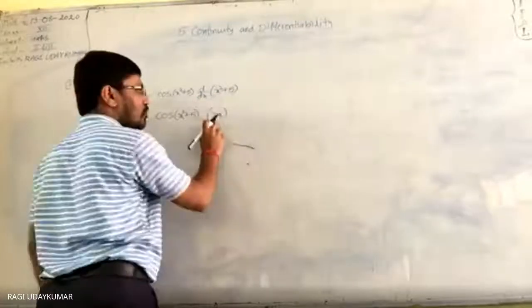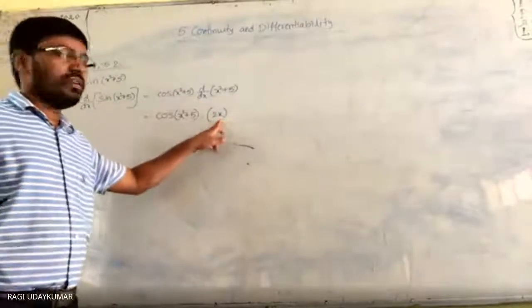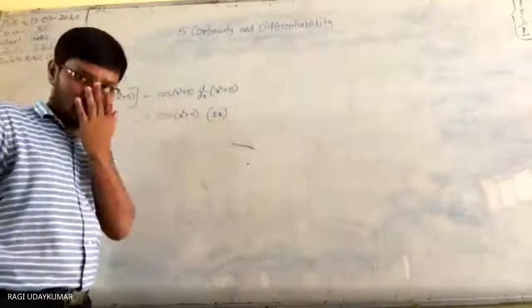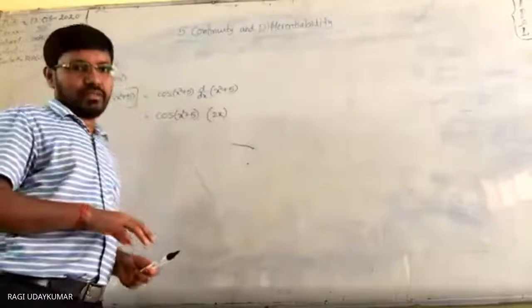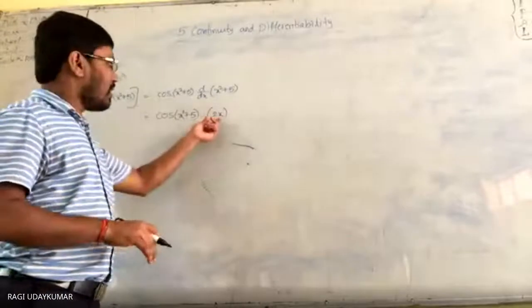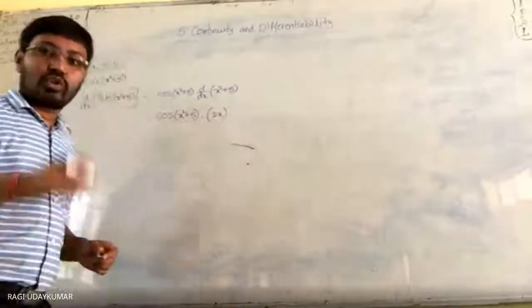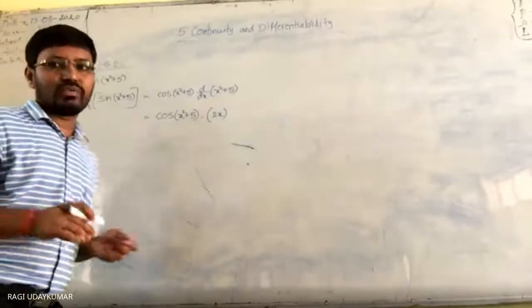And again, no need to differentiate this one, because it is a function in terms of x, not a constant. I told you, till you get a constant. So here you are getting 2x, and 2x is actually a function. And d by dx of 2x is what?